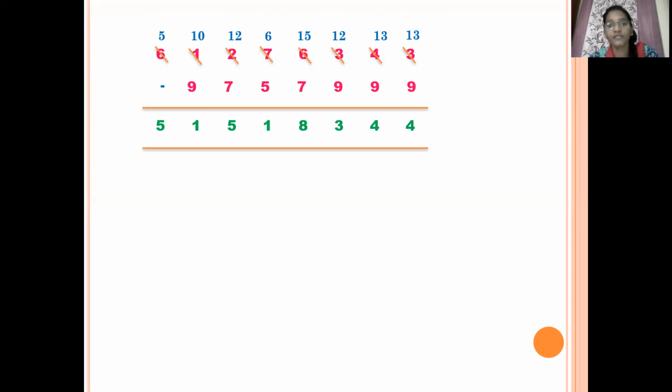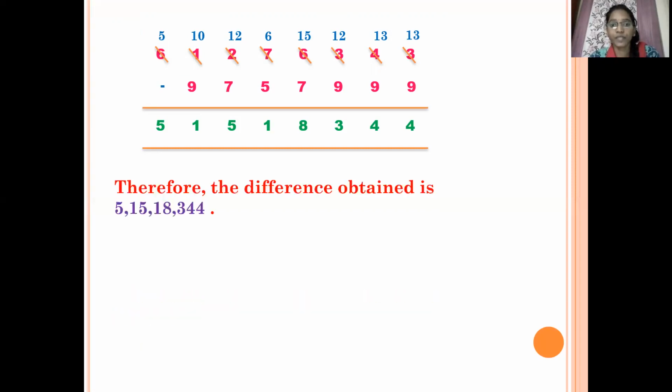And 5 in the crores place. Therefore, the difference obtained is 5,15,18,344.